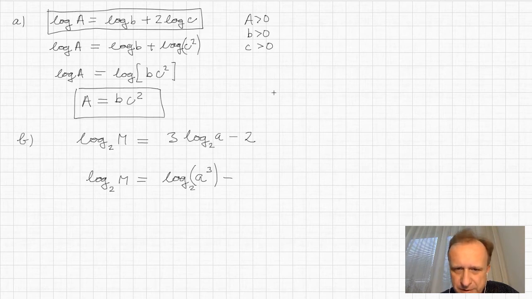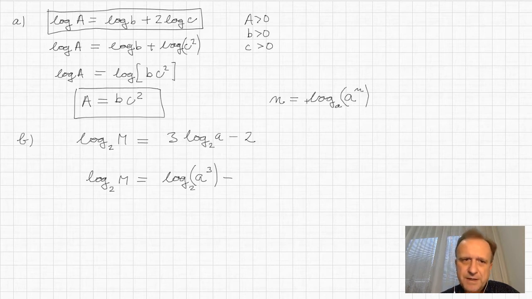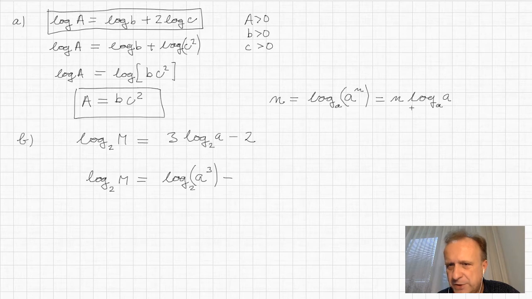You may remember that there is this simple rule that n can be written as logarithm in base a of a to the power of n. Okay, there is this simple rule which we can use. It has to do with the third law of logarithms, because this is actually n times logarithm in base a of a, which itself is just 1, so it's n.